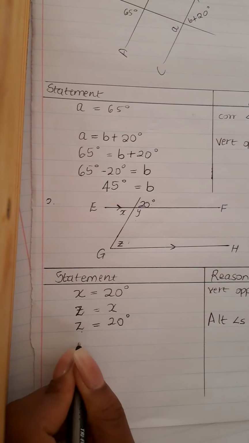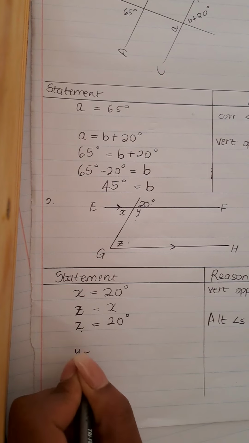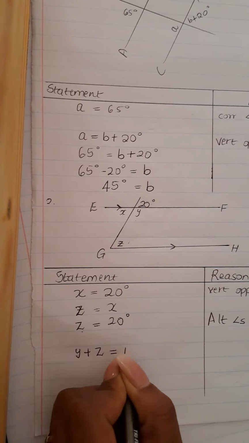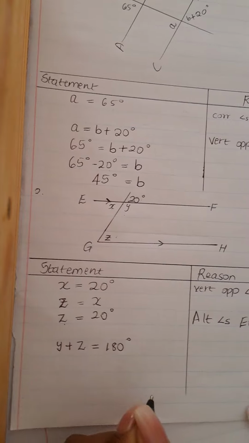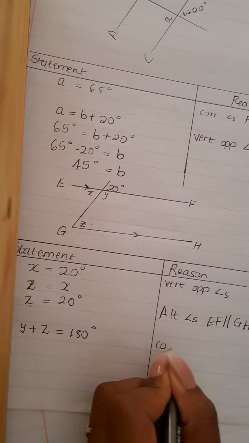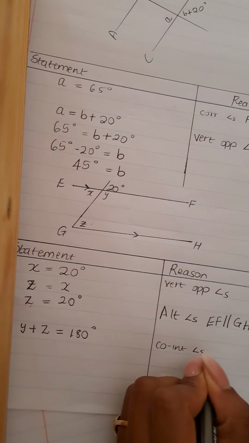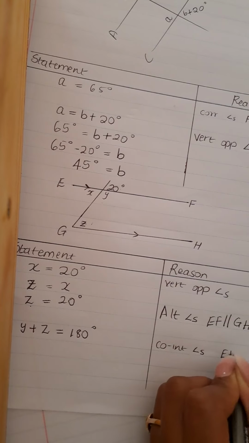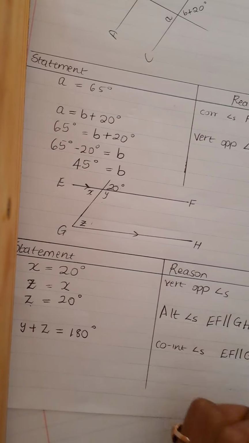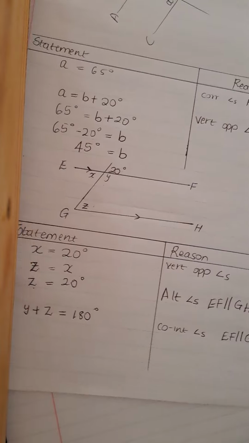So your statement will be y plus z is equal to 180 degrees, co-interior angles, because EF is parallel to GH, right?